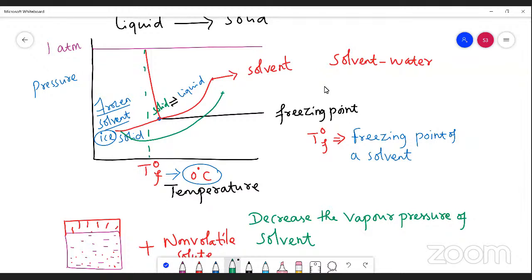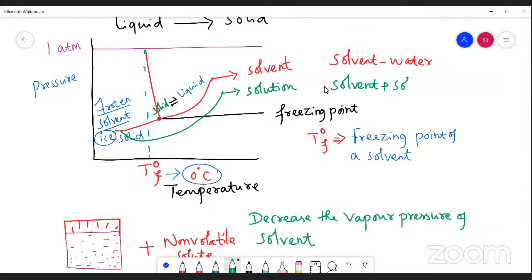Because whenever we add solute to the solvent, we get what? Solution. So solvent plus solute gives solution.